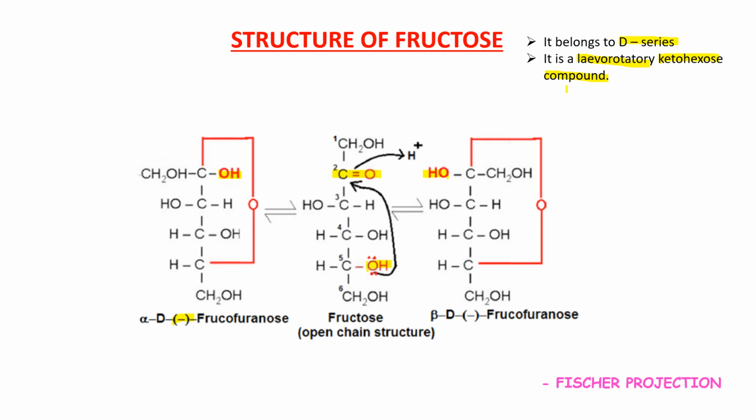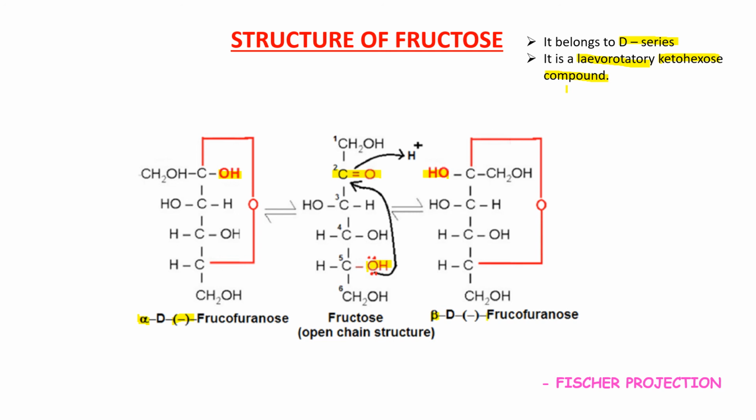And when the OH group is on the right side, it gets the alpha configuration. And when the OH is on the left side, it gets the beta configuration. Hence, this is alpha D minus fructofuranose. Furan is the ring when it is a 5-membered ring with an oxygen atom in between. And this structure gets the name beta D minus fructofuranose.